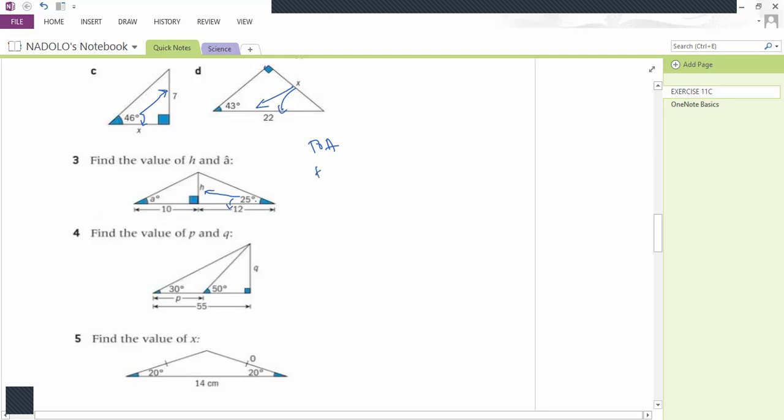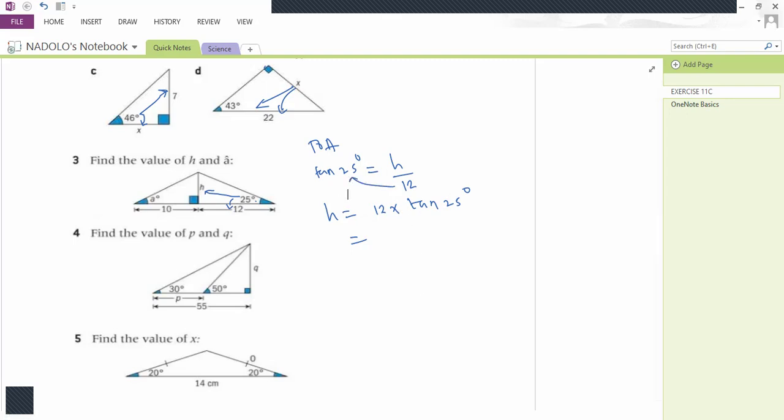So we can do tan of 25 degrees will be given by opposite over adjacent. So h is equal to 12 multiplied by tan of 25 degrees, because this one is being multiplied that side. So you're going to use your GDC to do that because this is not a special triangle that you can easily see the answer.